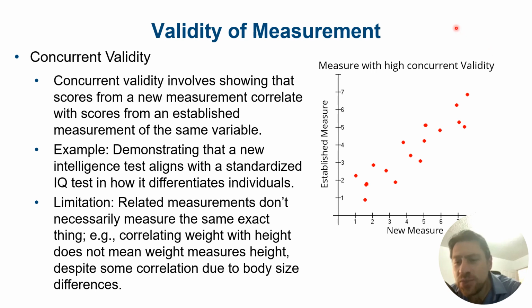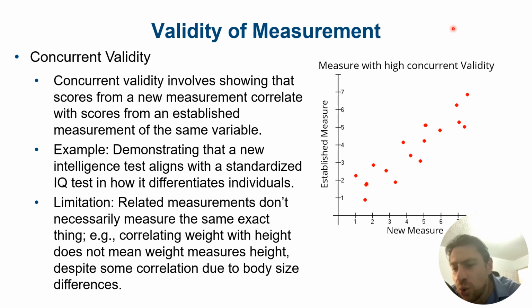All right, so next we have concurrent validity. Concurrent validity involves showing that scores from a new measurement correlate with scores from an established measurement of the same variable. So for example, let's say you come up with some new test of intelligence.